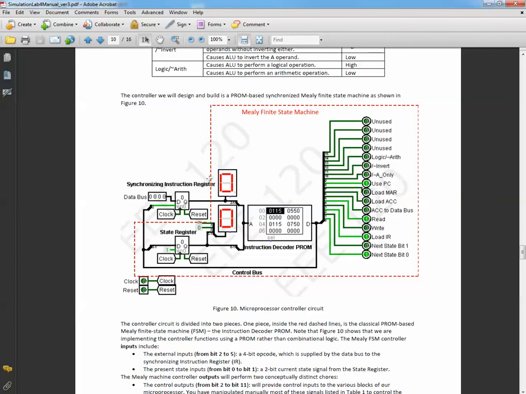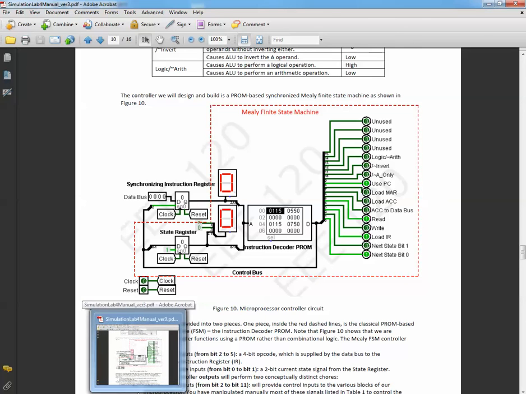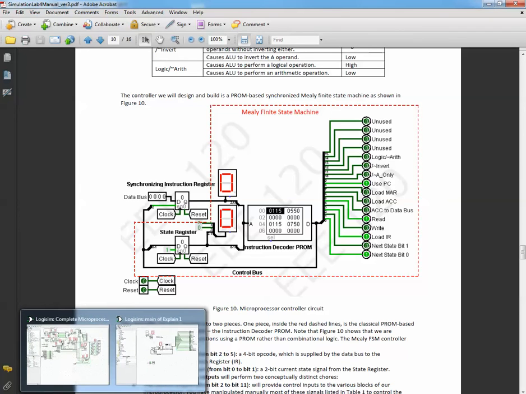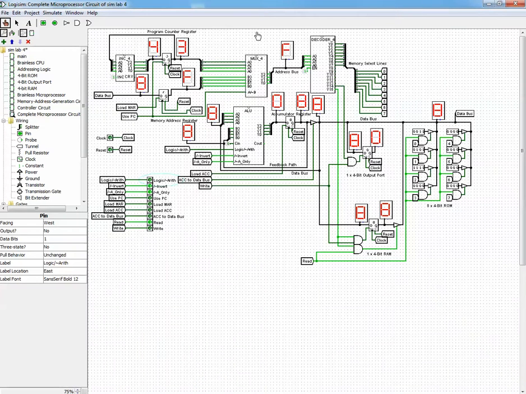Okay, let's first find what the controller is. As we have seen previously, the controller needs to be controlled by a counter. So if you look at this scheme, we have built a counter here that counts for the decoder. This counter can feed the controller that we are going to build.